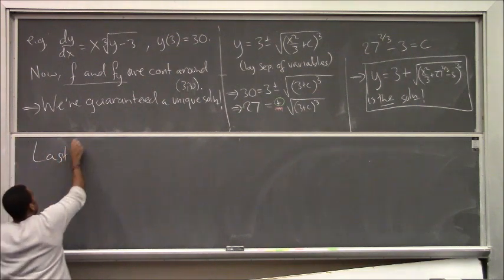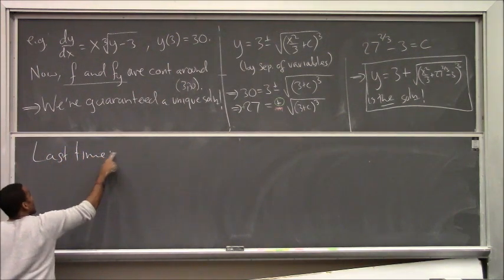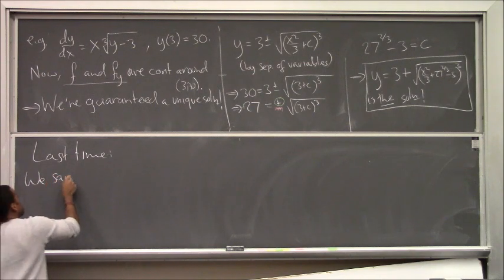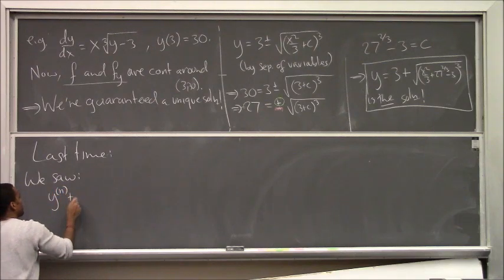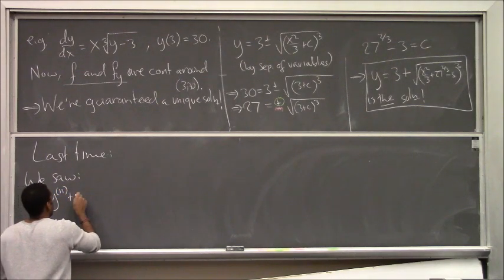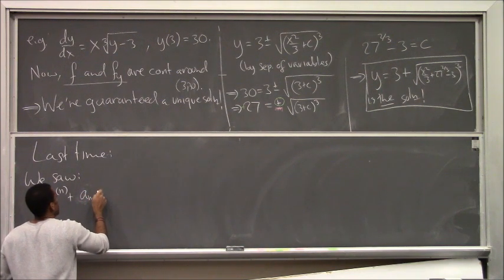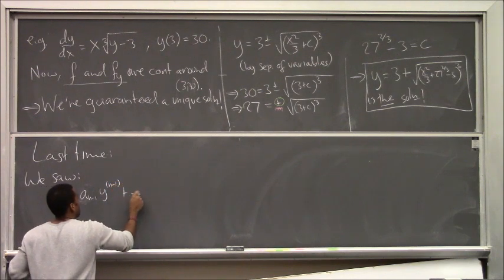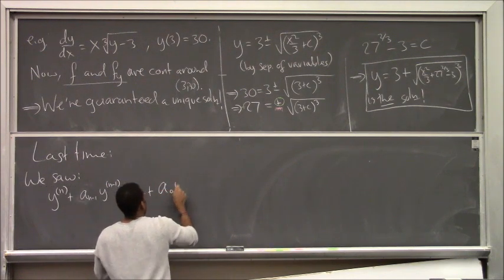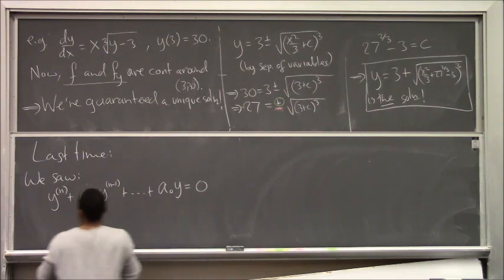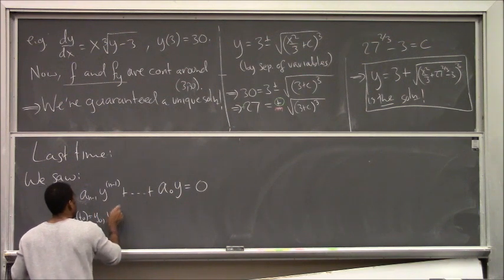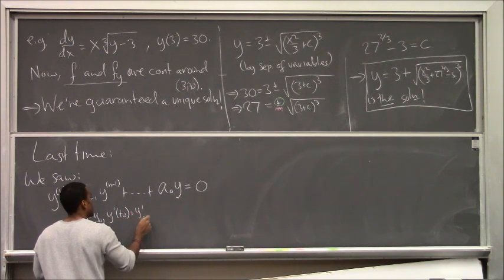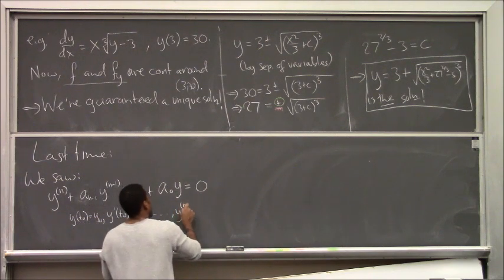Last time, we saw that this differential equation, y to the nth derivative plus a_{n-1} y to the n minus 1 plus, and so on, plus a_0 y equals 0, with y(0) equals y_0, y'(0) equals y_1, all the way up to the n minus first derivative at 0 equals y_{n-1}.